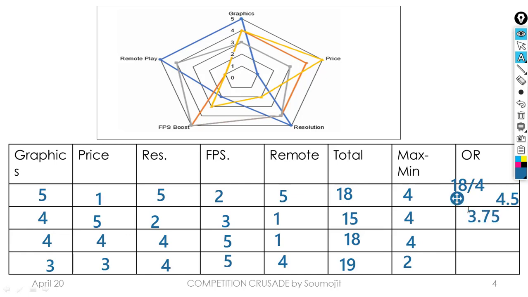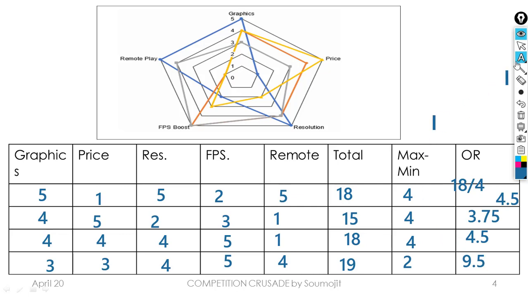This is basically filling the tables. The next one is 18 by 4, which we have calculated, 4.5, and the last one is 19 by 2, which is 9.5. Okay, so we have filled the table.